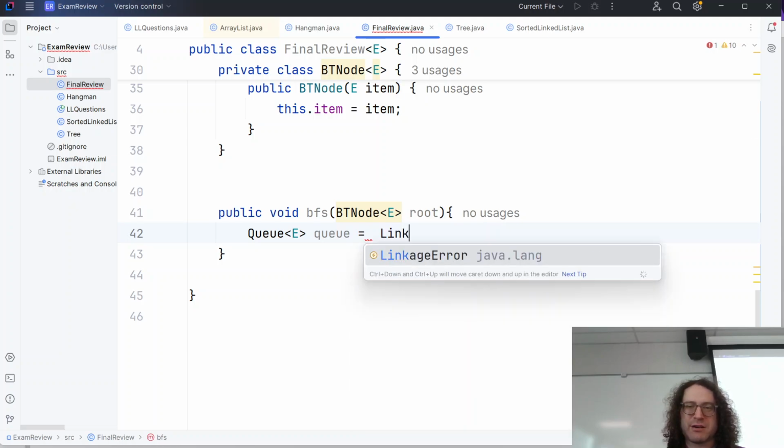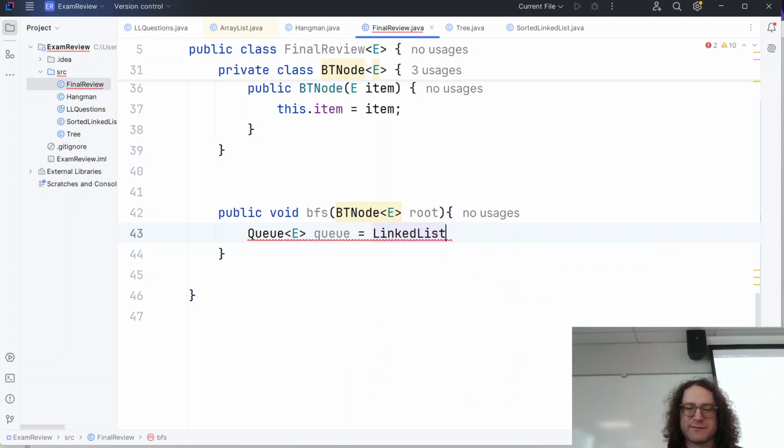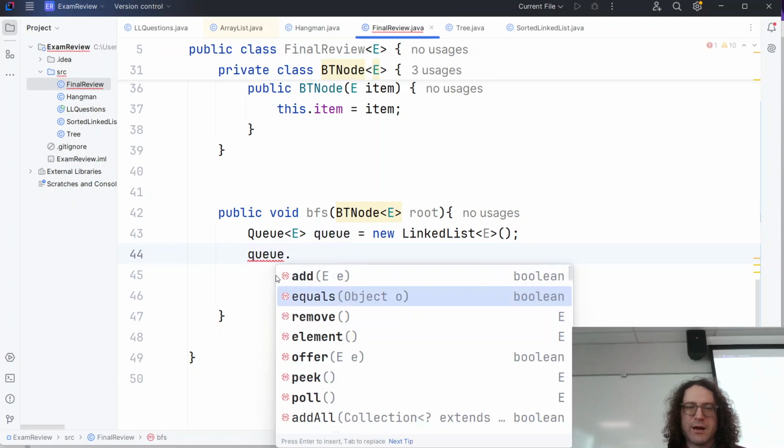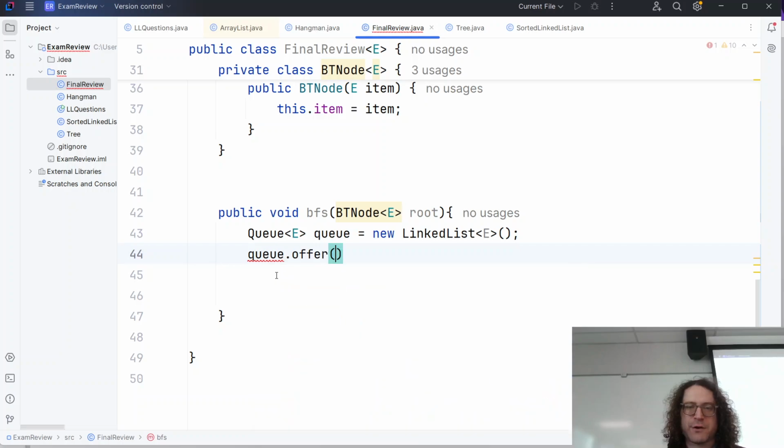So what we'll do over here is a linked list. New linked list. There we go. And so we start at the root. What we're going to do is we're going to say q dot, technically it is offer the root to this.